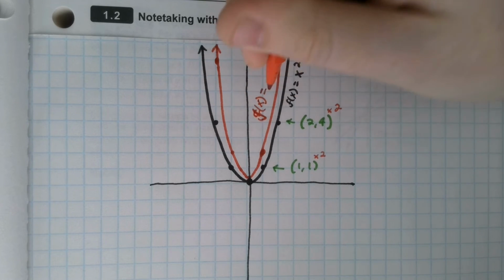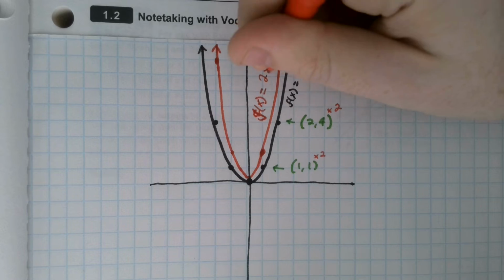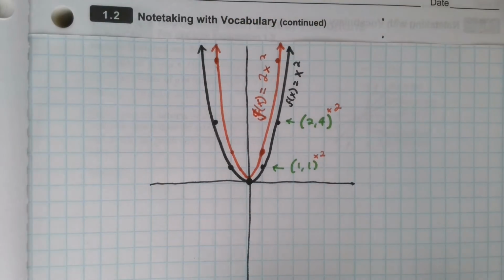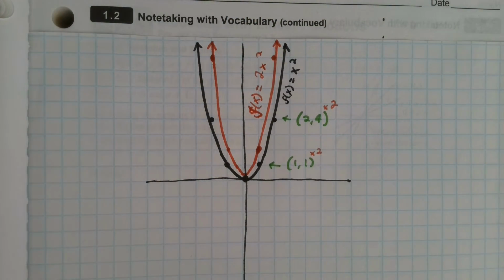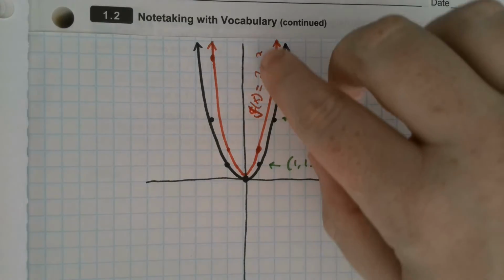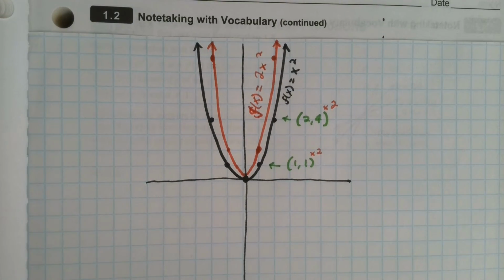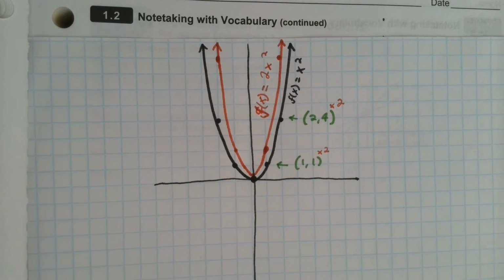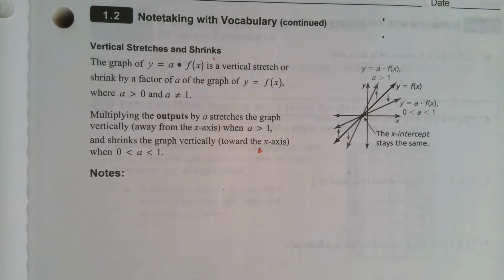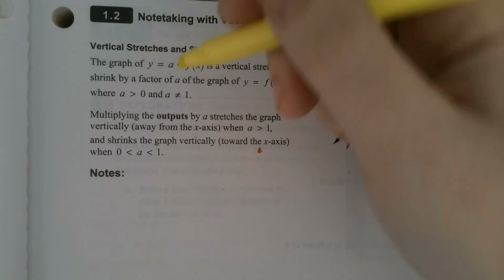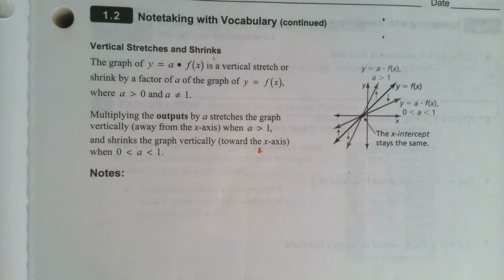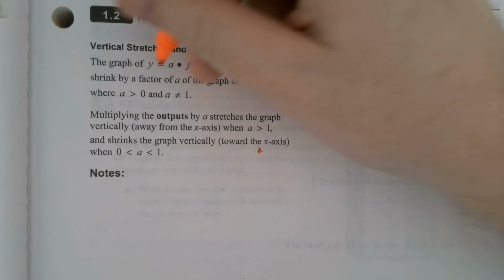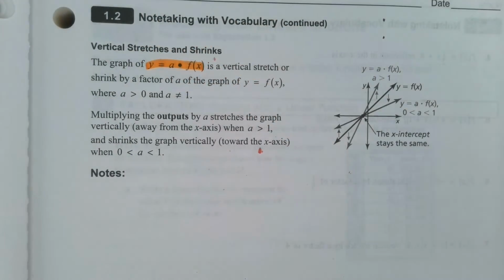G of x equals 2x squared. Because all we did was multiply the outputs by 2. So it makes sense that we're just multiplying the entire equation by 2. That's a vertical stretch. So to do a vertical stretch, all we need to do is multiply our outputs by some number.